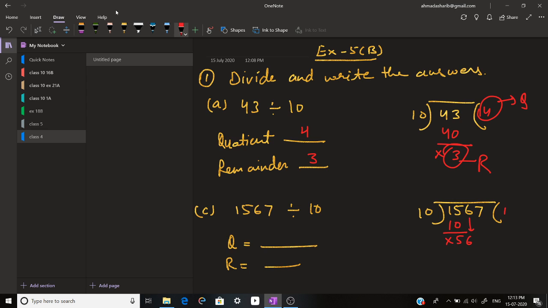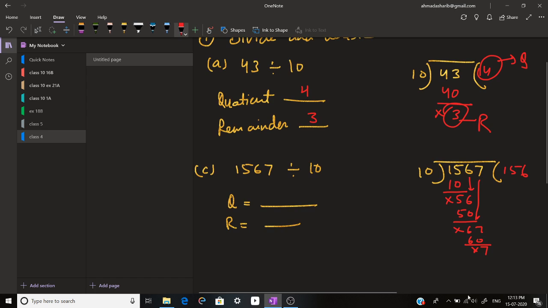Now we will write 6 here. 10 fives are 50, 6 remainder. Again we'll write 7. So 10 sixes are 60. So the 7 is remainder finally. So the quotient is 156 and the remainder is 7. Okay, so this is the answer.